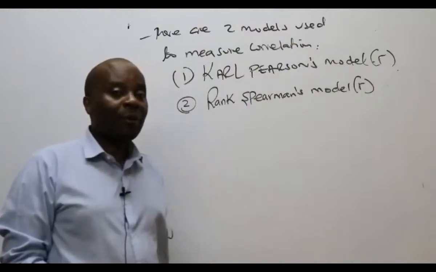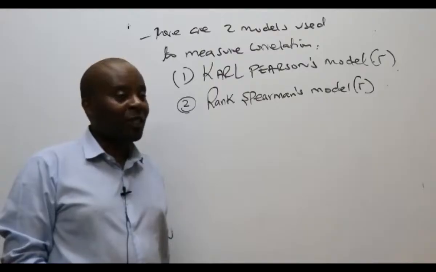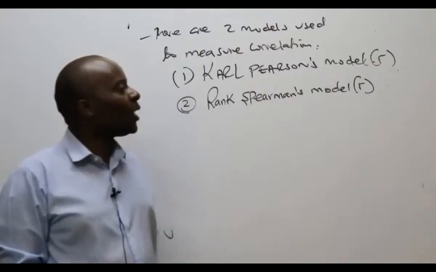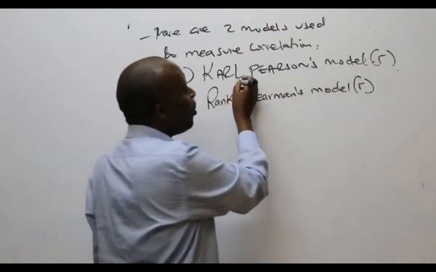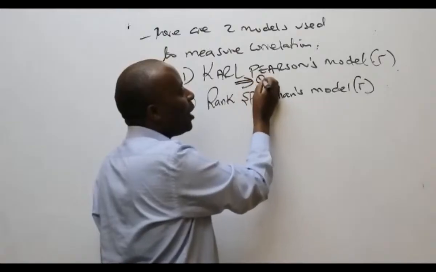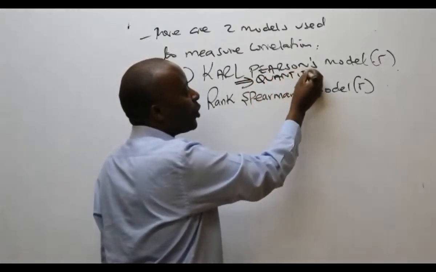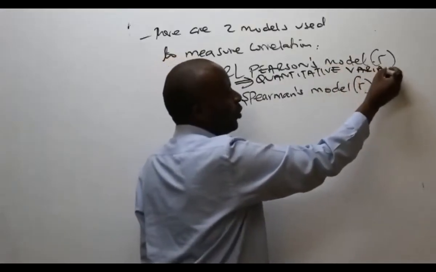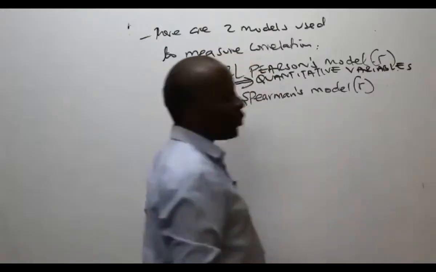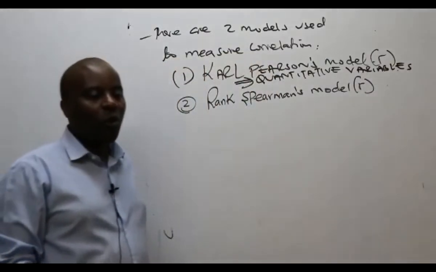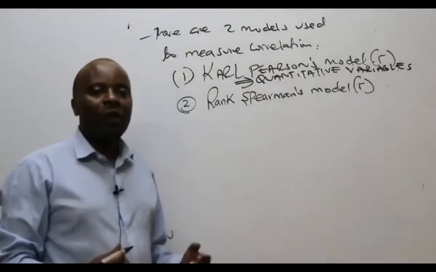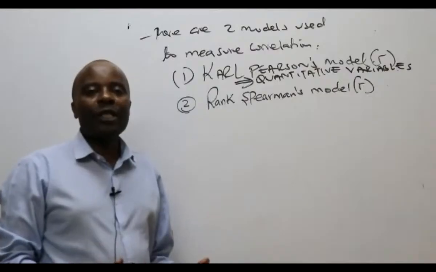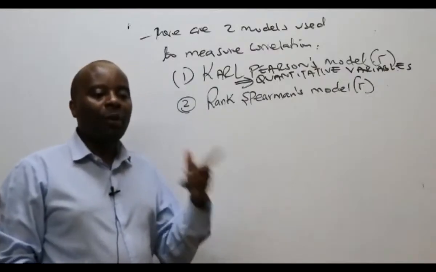And if you look at your past papers, in most cases, you'll be told to differentiate between these two correlation measures. Ladies and gentlemen, we normally use Karl Pearson's model whenever the variables that we have are quantitative in nature. So quantitative variables are those variables that I'm able to quantify, meaning measurable or countable.